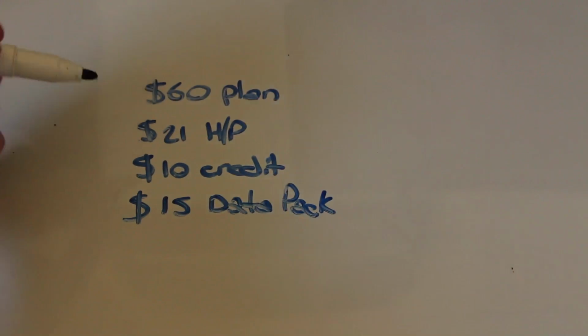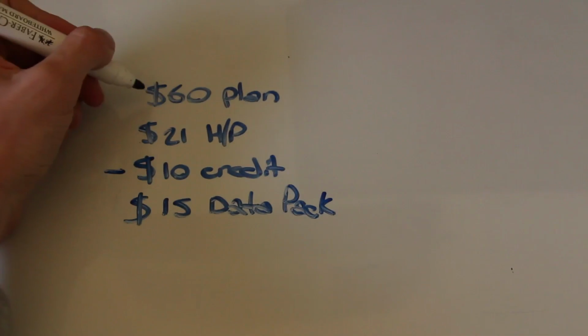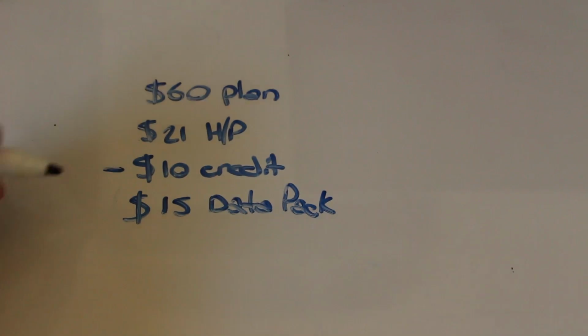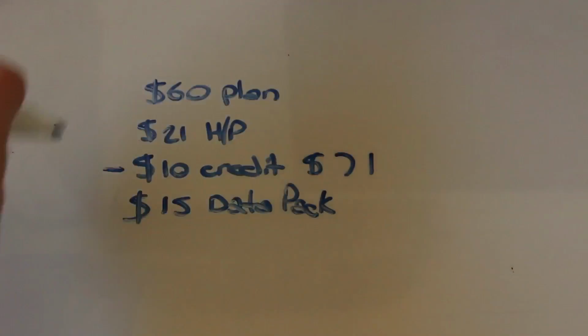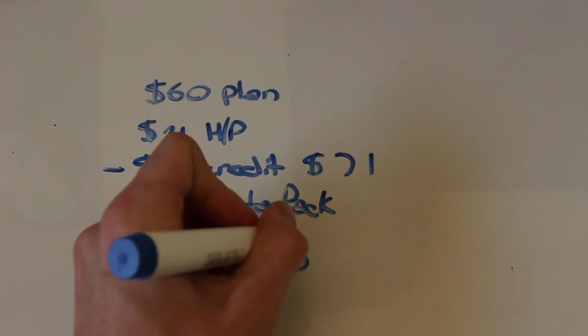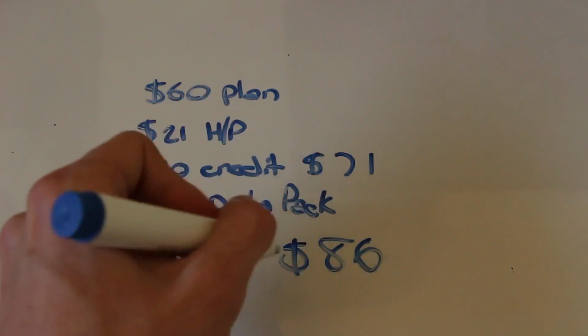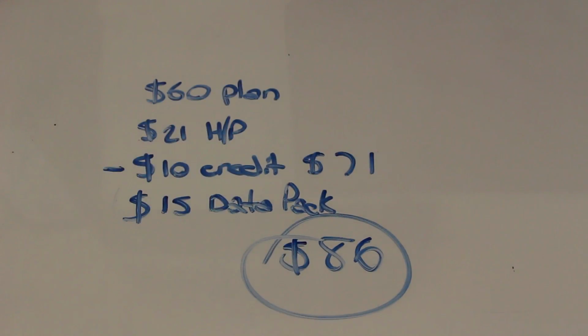So if we add all that up, it's 60, 70, 81, minus the credit takes it down to $71 per month. And then with my data pack, it goes back up to $86 per month. And that is what I pay on my bill.